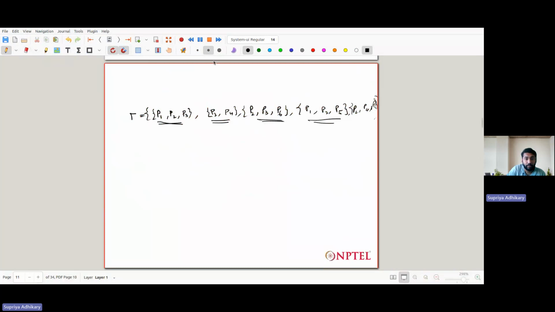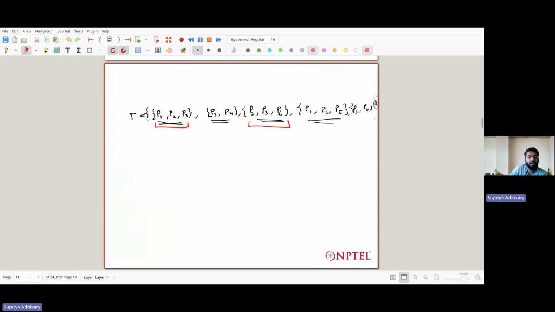So now let's try to find out if there exists a pair of sets that covers the whole set of participants. First, if we take these two sets, then P5 and P6 are not in the set. Similarly, if we take these two sets, then P4 is not in the set.